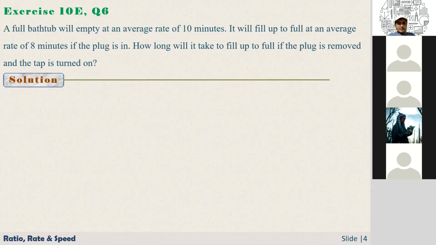Ilknur, you're so fast. How did you get it? Ilknur, would you like to explain your answer? Yes, I am now typing the solution.